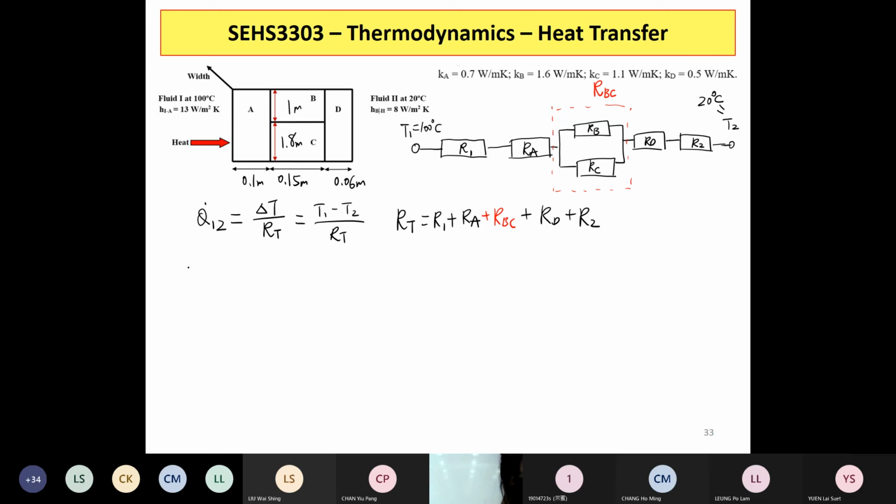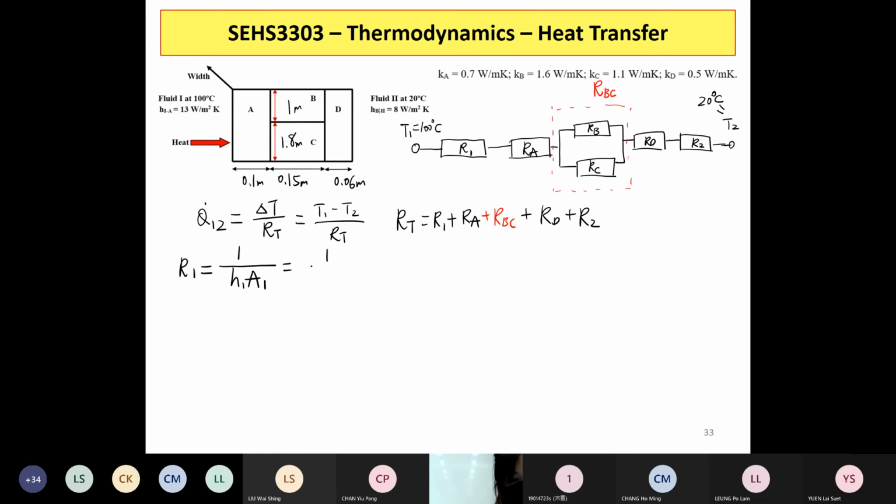That is R1. R1 equals what? Who can tell me? Convective thermal resistor, right? 1 over h1 A1, right? Good, very good.